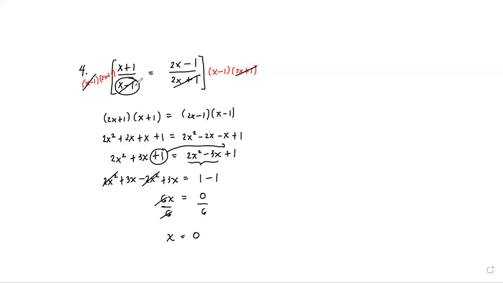So we're safe here, that's not 0. And then 2x + 1, so 2 times 0 plus 1 is 1, which is also not 0. So x equals 0 will never make the denominators equal to 0, which means that x equals 0 is the solution to this equation.